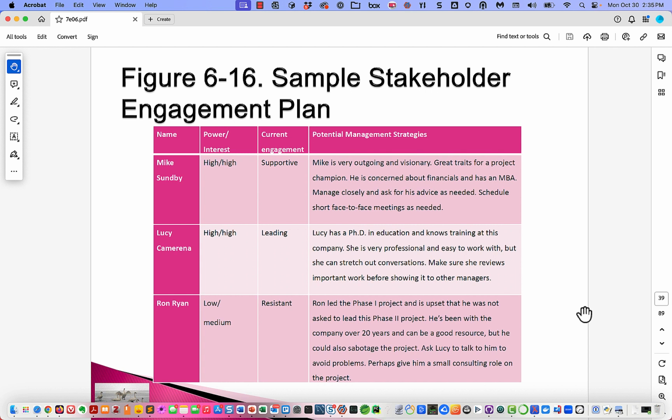Let's see. So this is the typical thing that you see where you have a table and you have the people as the rows, and we say what's their power and interest and what's their current level of engagement: supporting, supportive, leading, resistant, and then we come up with a plan to get them to where we need to be.